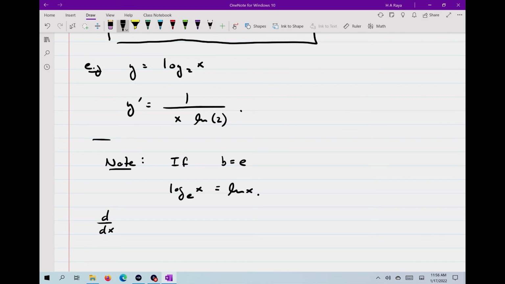So the derivative of natural log of x is equal to 1 over x times natural log of your base e, but the natural log of e is simply going to be 1. So this extra little term, the natural log of b, is going to be 1. So the derivative of natural log of x is simply 1 over x.